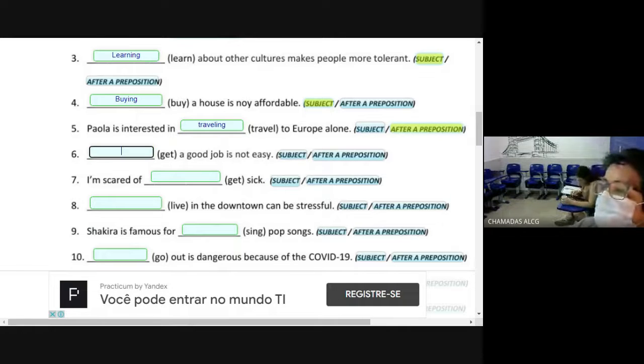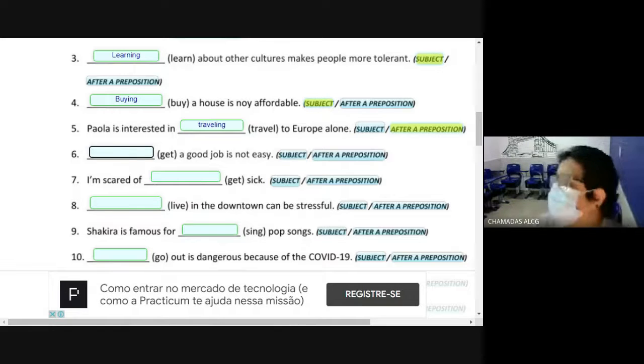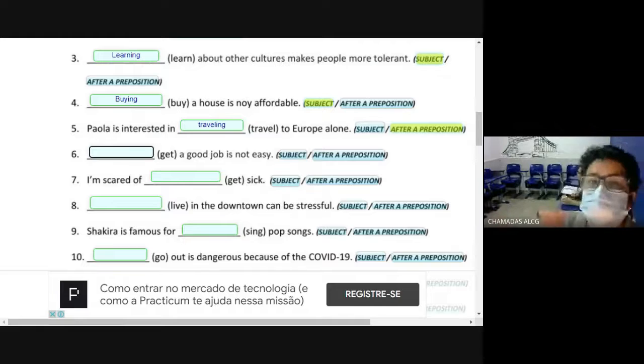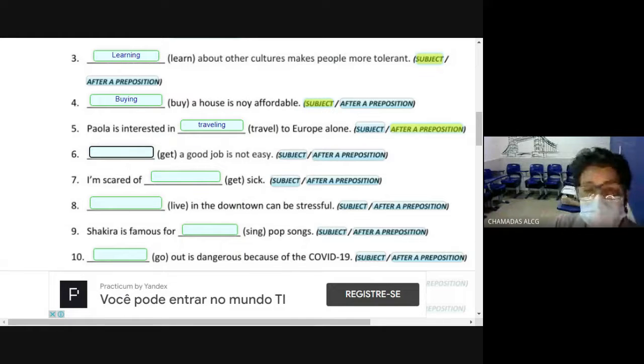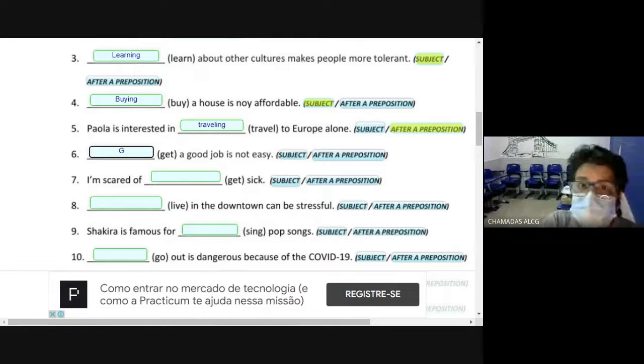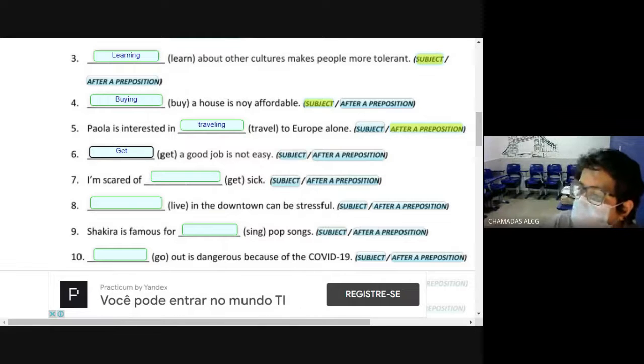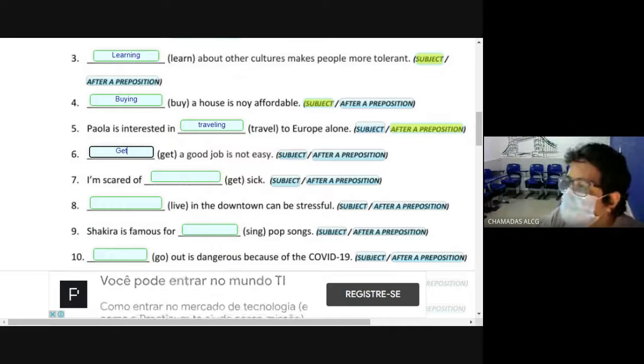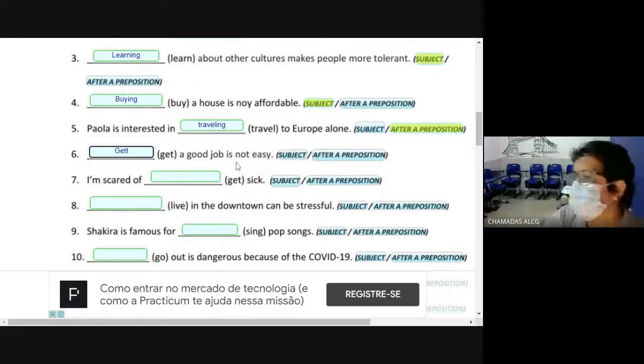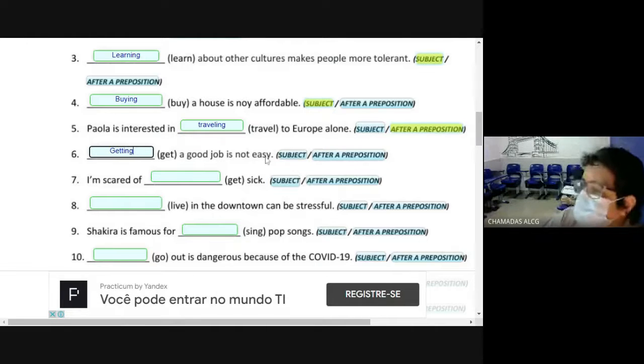Yes. Number 6. Getting the job is amazing. Good. And look how we spell that verb with ing. First, capital letter, okay? And now, if I want to add a suffix there, I need to double the T, okay? Right? Getting a good job is not easy.